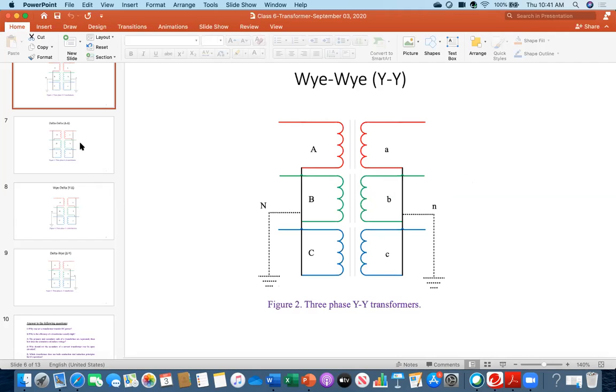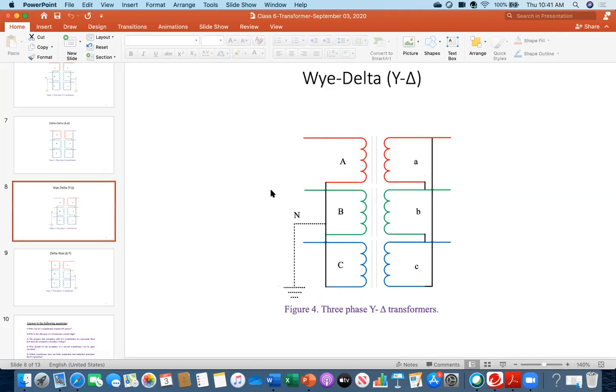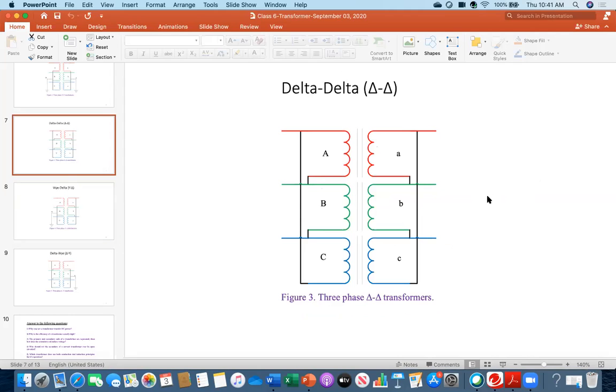So that's why, for example, this one, the Y delta, is one of the best examples. This is nearby the power plant, this side, and then this side goes to the high voltage line. And then it goes, and fully this is delta, delta, delta.